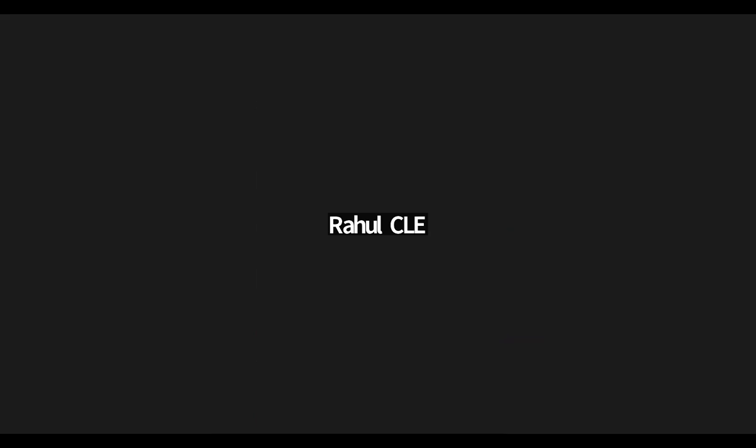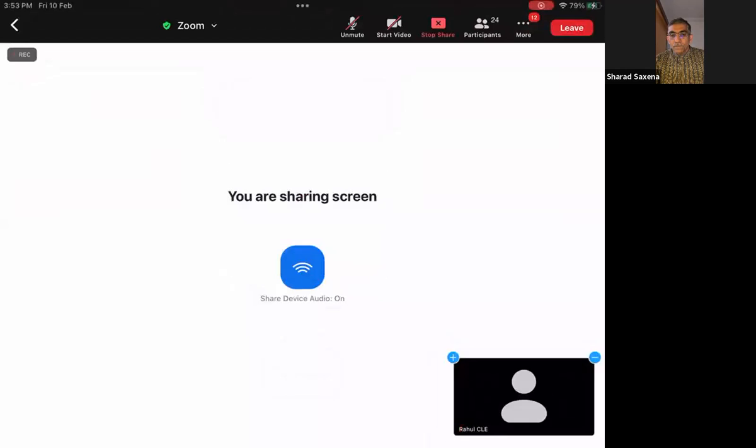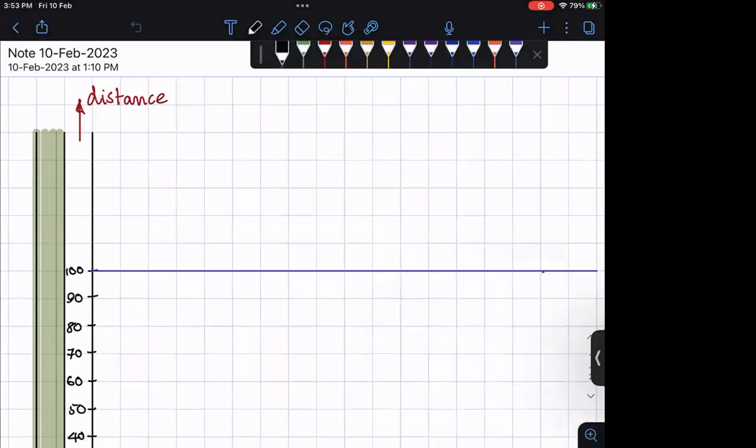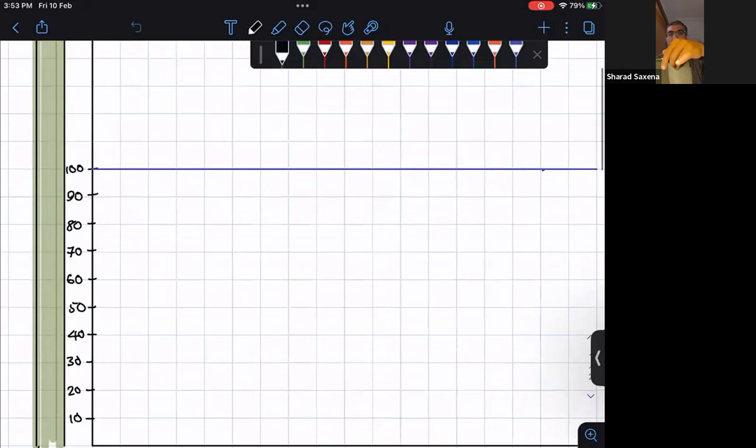I think now it will come. Shall I unshare and share again? Maybe you can do that then. Share content, share screen. I think sharing at start. Okay. Now it's coming, Sharad. Yes. Now we are back to GeoGebra. No, this is not GeoGebra. This is my notepad.